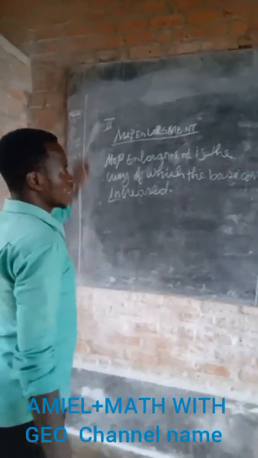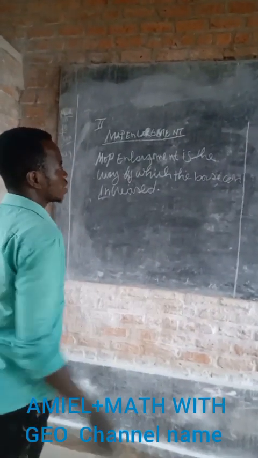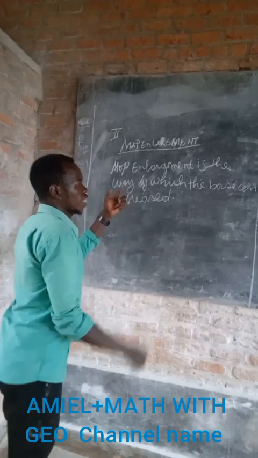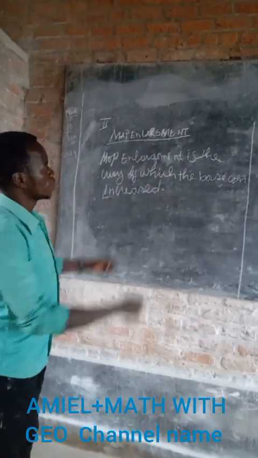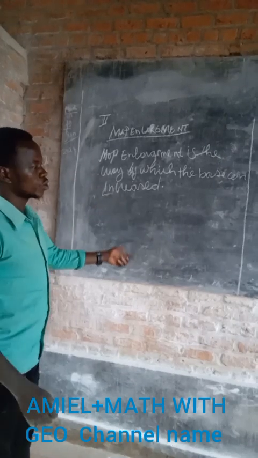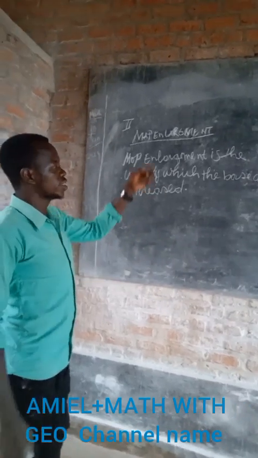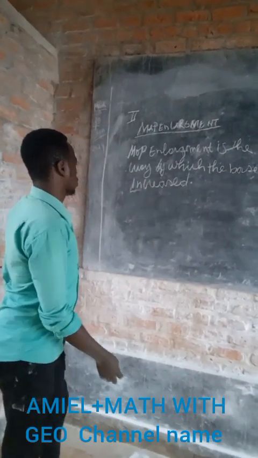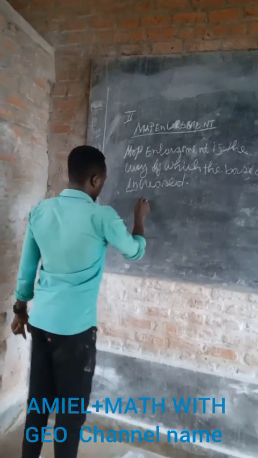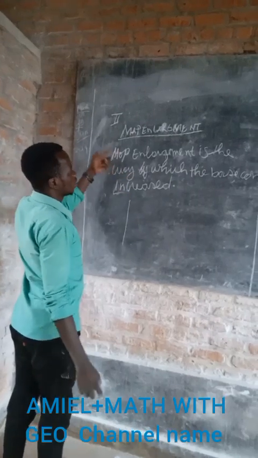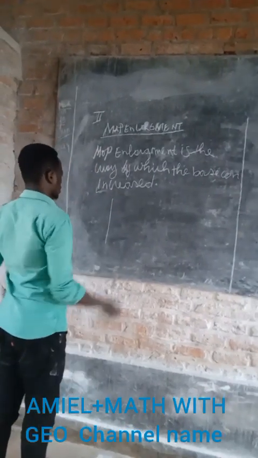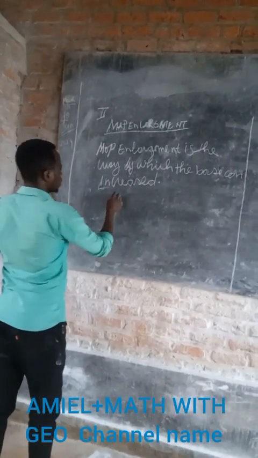So as in the previous one, if you understand how to make a map reduction, it is simple to understand how we can make the enlargement of the map. The first method is to use the squares as in the previous one.